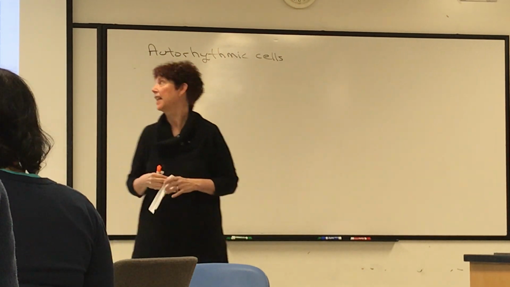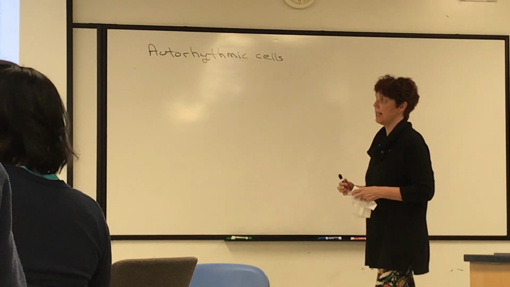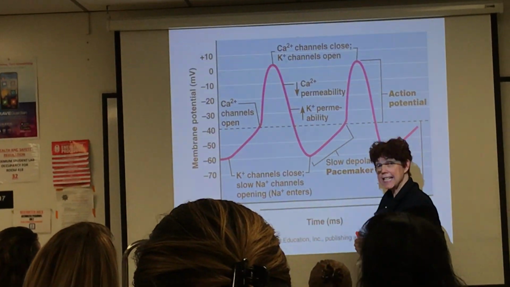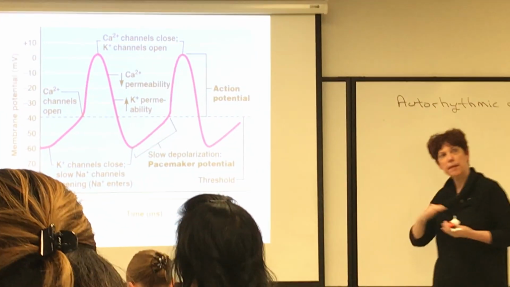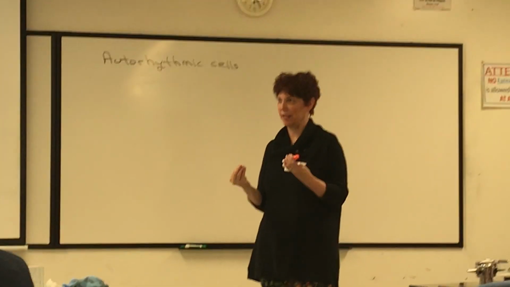So if we measure the change in current at the autorhythmic cells, they typically get about minus 60 millivolts. So to get them to equilibrium, it takes a number of positive ions moving into the cell to create a current of 60 millivolts.